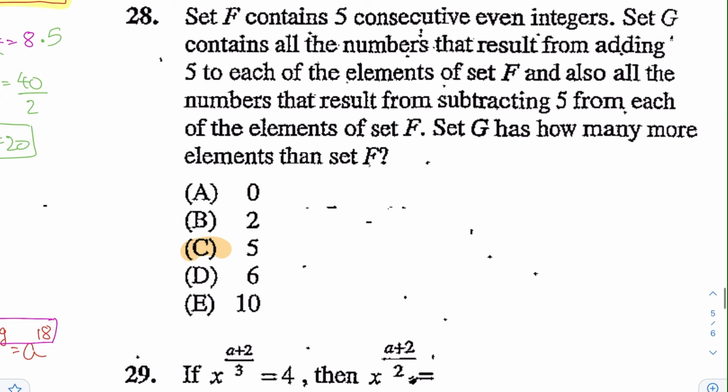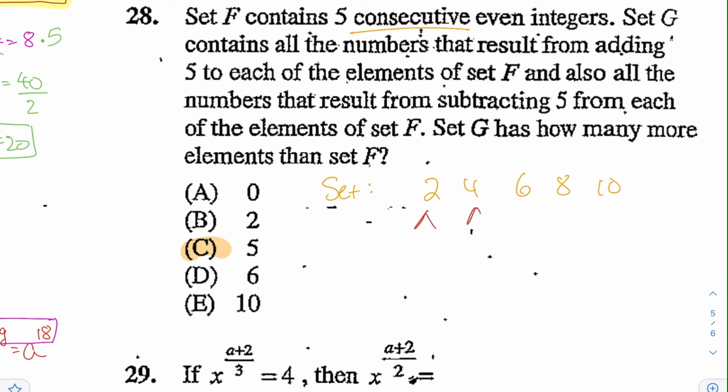All right, so one easy way to do this is just to pick 5 consecutive even integers. Consecutive means one after the other, so no skipping. So you'll just pick 2, 4, 6, 8, 10. And then for set G, you have to add 5 and subtract 5.